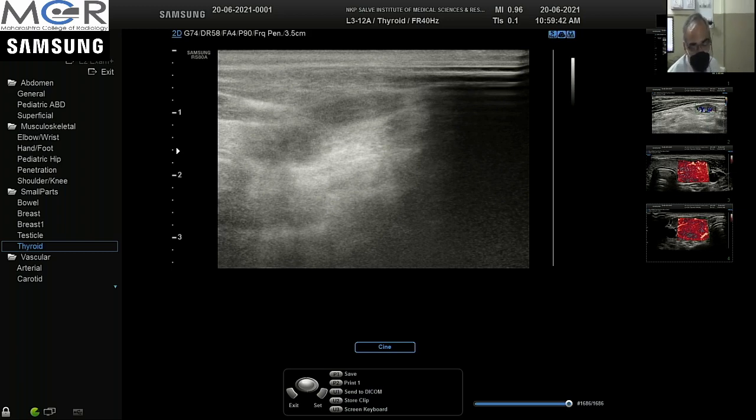Because of its size, it has produced certain more findings: the trachea is shifted and compressed, and the jugular vein and the carotid are shifted laterally. All these things you should mention in your report, and of course you should do the characterization of the lesion. I advise FNA, do FNA under ultrasound guidance at the proper location within the nodule.